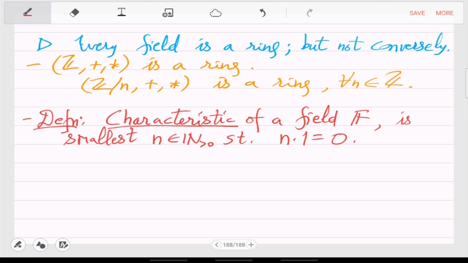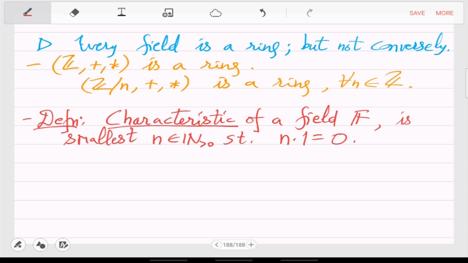A positive integer? For example, in reals it's impossible. If you keep adding 1, then it will never vanish, right? It will just keep getting bigger and bigger. Same in the field of rationals, reals, complex, right? If you add 1, it just gets bigger. But when it exists, then we call it characteristic.